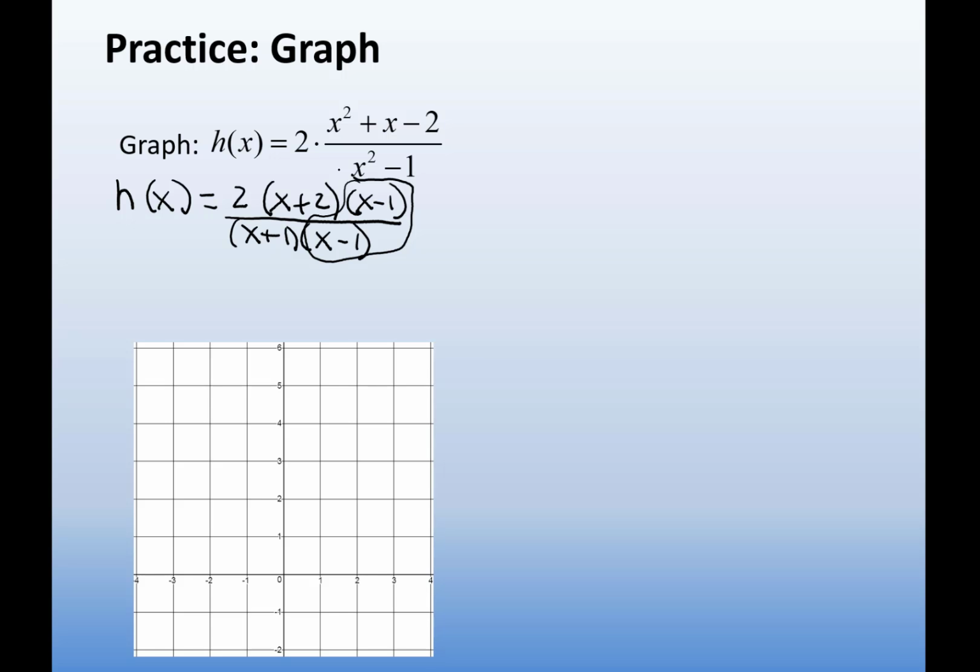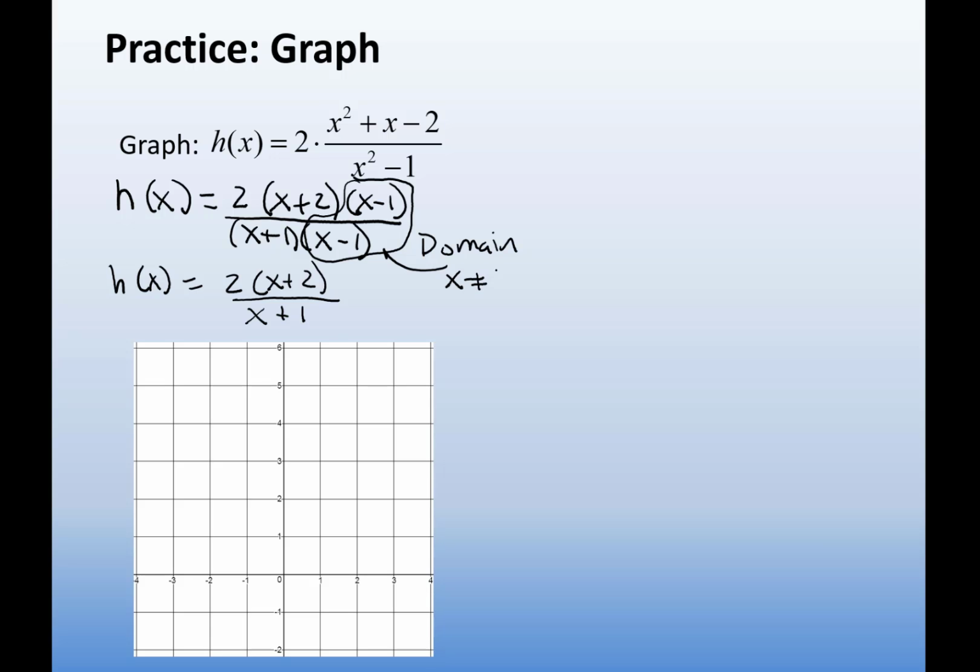But I am going to simplify just a little bit more. Here's my simplified function. But this is a simplified version of h. Now h does have a domain restriction. It has two restrictions.